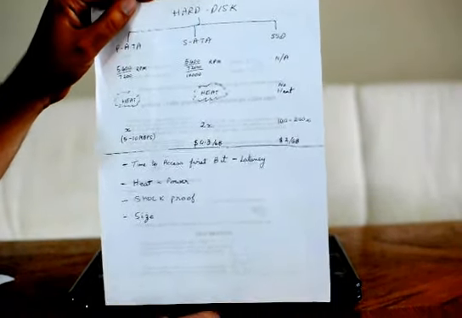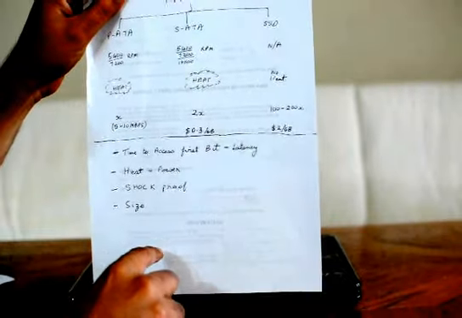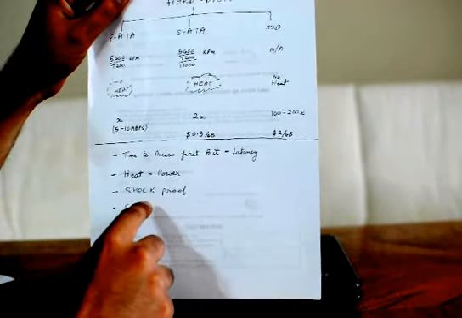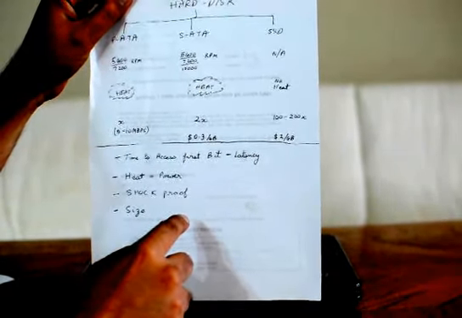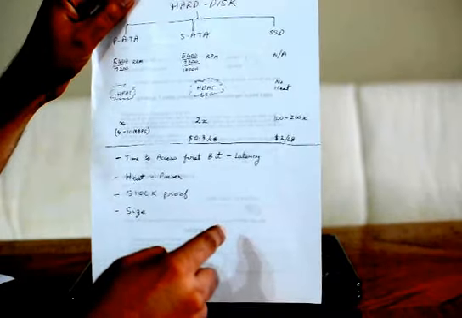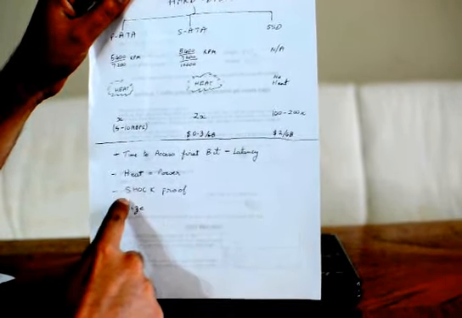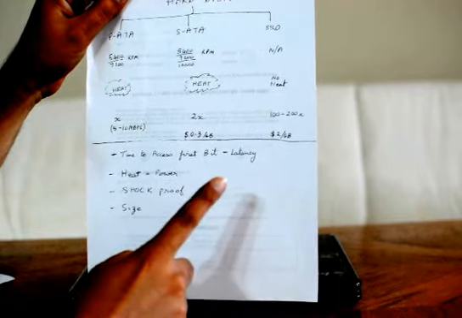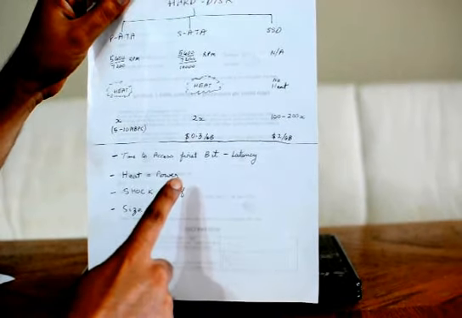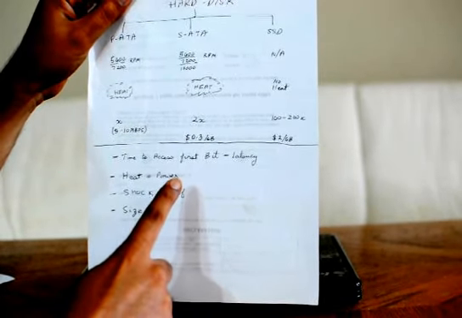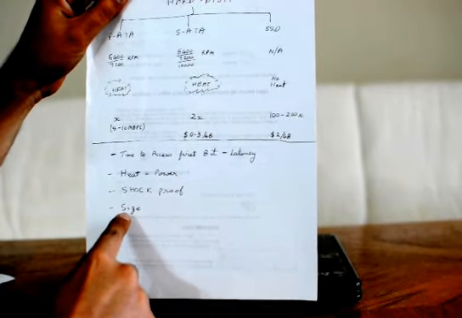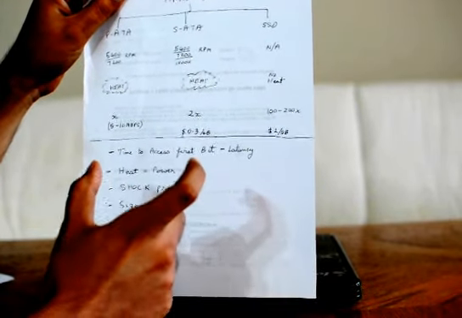There are also other factors like latency, and the amount of heat generated, which translates into power required for cooling, which translates into the battery life. Then the shock: SSDs are much more shock proof as compared to the magnetic ones with moving parts, and then the size of the device itself.